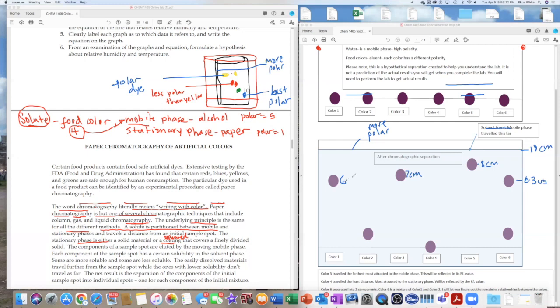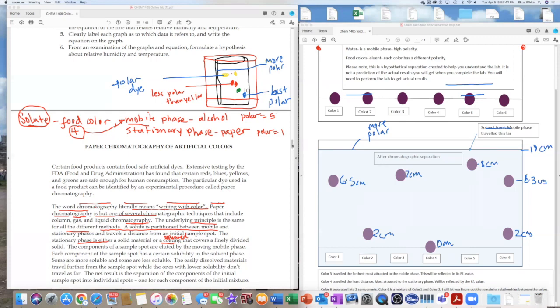Here is 6.5 centimeters. This one didn't travel at all, 0 centimeters. Here I have, let's say, 2 centimeters and 2 centimeters. These look right about even, okay? So based on this, I will figure out the RF for each of these colors, right? And the RF is the retention factor.